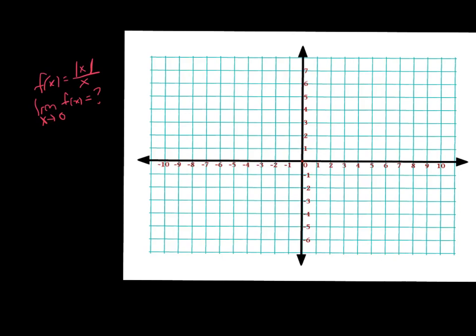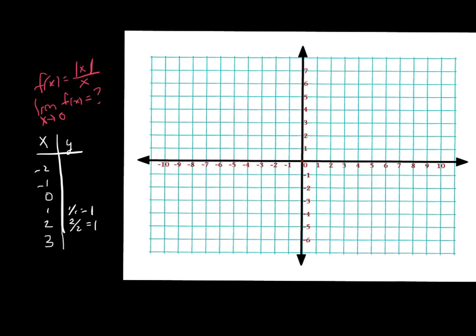So we're going to take a look at the graph. And if you don't know what this graph looks like, that's okay. We're going to make a table of values. So we're looking around 0. And if you substitute, here we get the absolute value of 2 over 2, which is 1. 1 over 1 will also be 1.